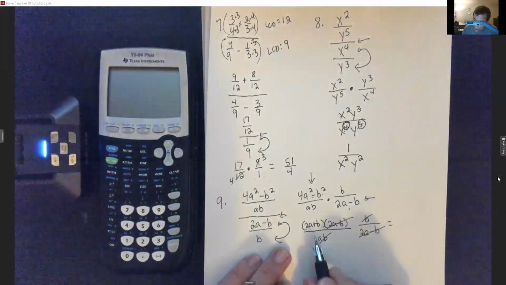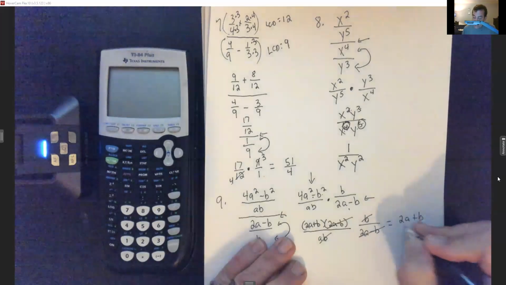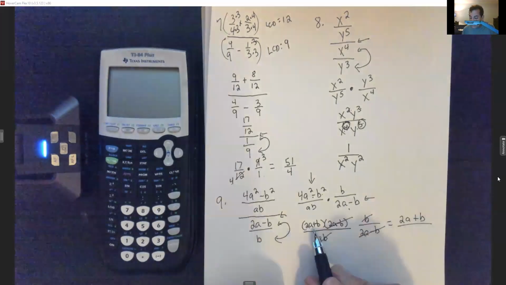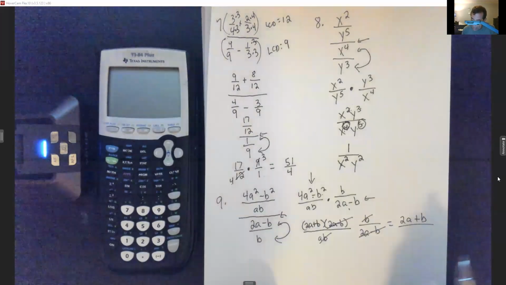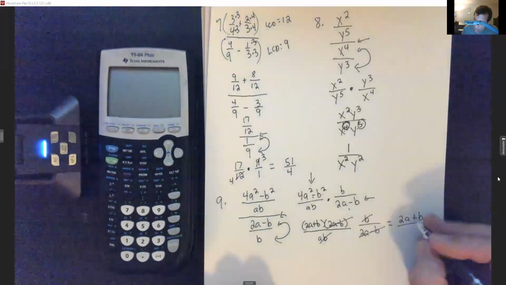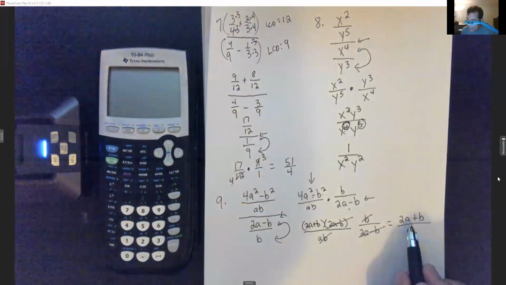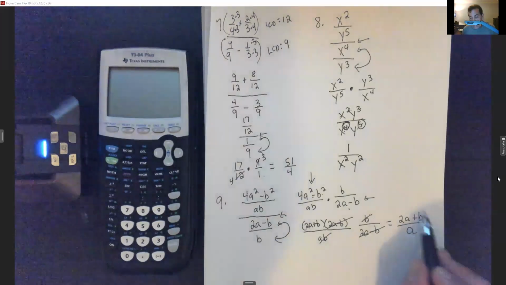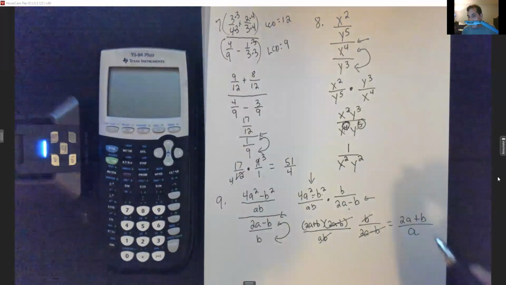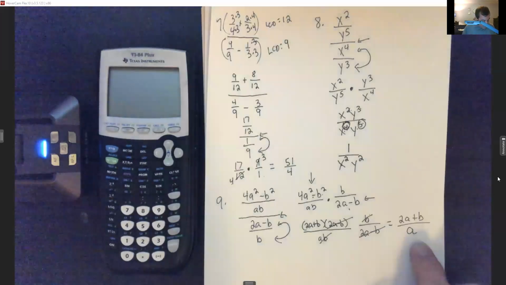All that's left on top is the 2a plus b. And notice, I didn't need parentheses because that was the only thing left up there, okay? And then I canceled that b, but I still have an a. Now remember, I cannot cancel these a's because this is a binomial, a 2a plus b. It would only cancel with another 2a plus b. So that's as far as you can go on number 9.